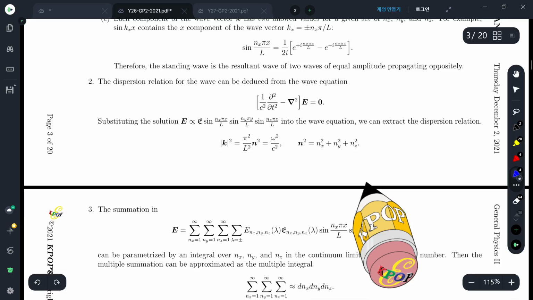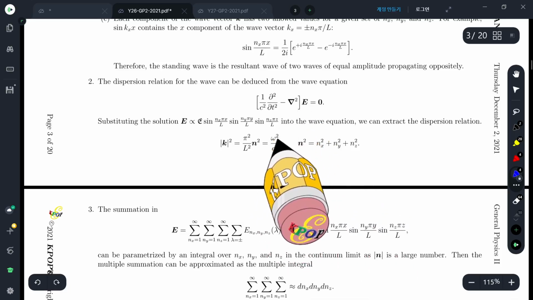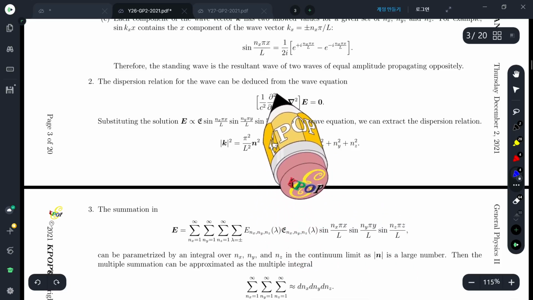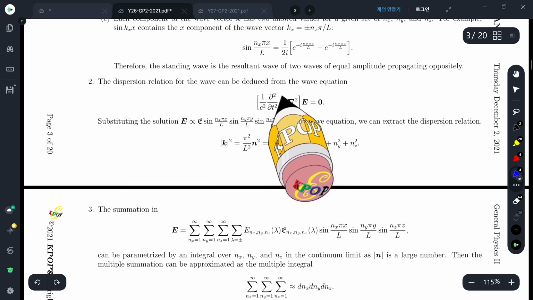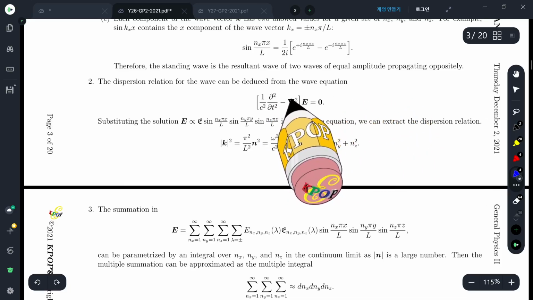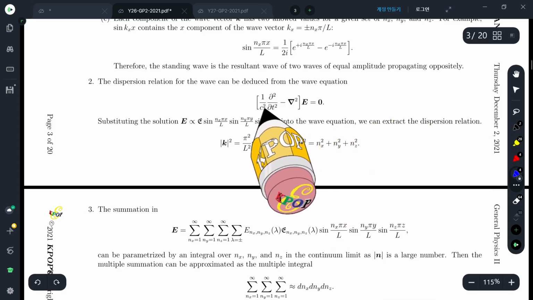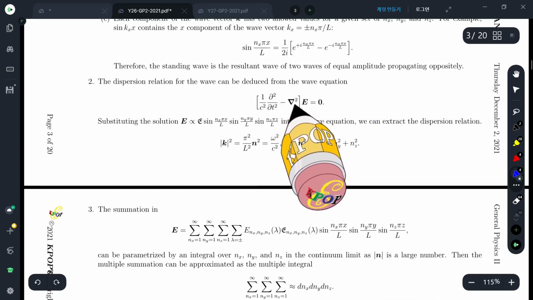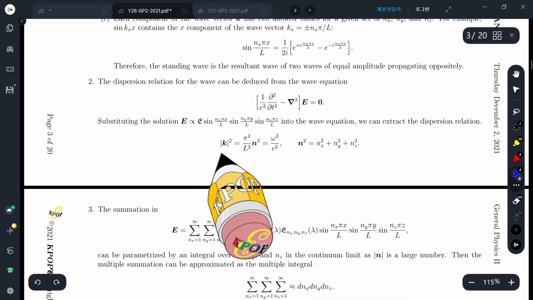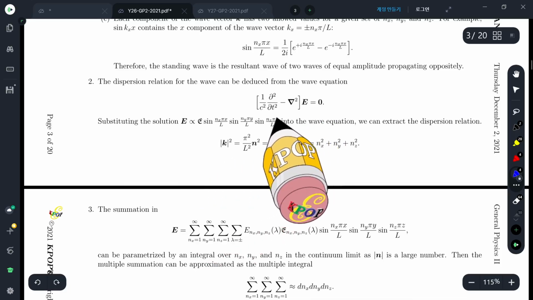And we arrive at the dispersion relation, because the time dependence brings in the angular frequency omega. So omega squared over c squared minus the wave vector squared appears.